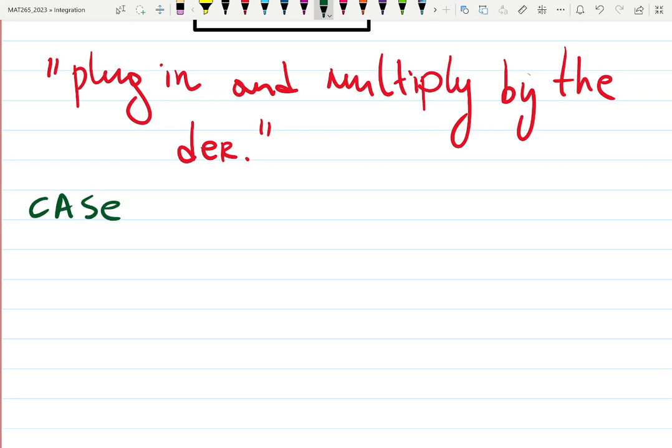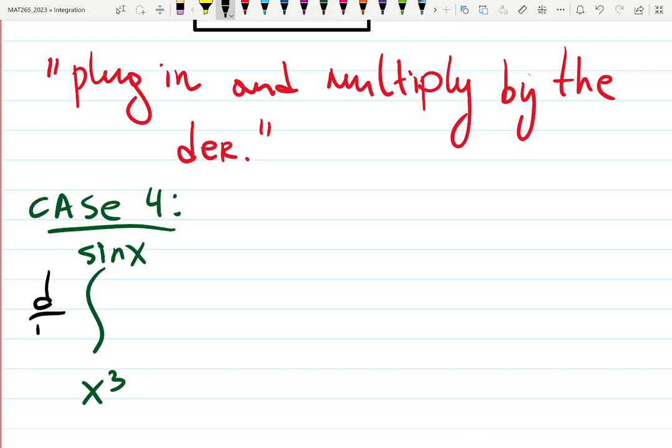Case 4 is, what if you have the integral from x cubed to, let's not do just polynomials, sine x, something like that. And they ask you to find the derivative of that. And the function inside is, say, ln of t squared plus 5, and they don't use x inside.